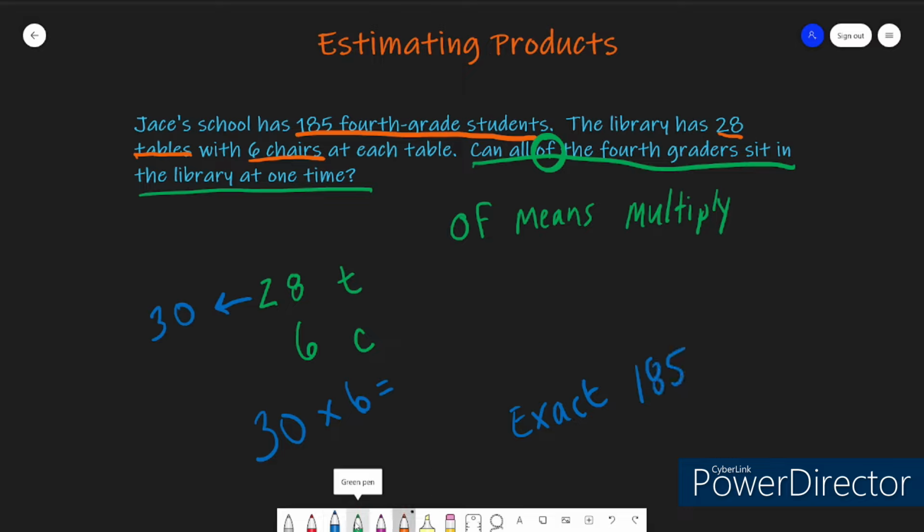And the answer for us is 180. 6 times 30, and then add 0. Which means that since there were 180 students estimated, and we needed 185 in the school, there's going to be enough tables. And that is how you answer a word problem with estimation.